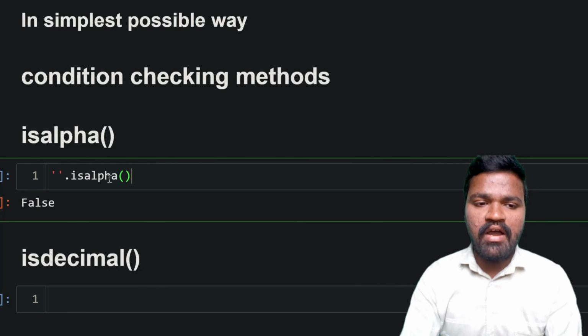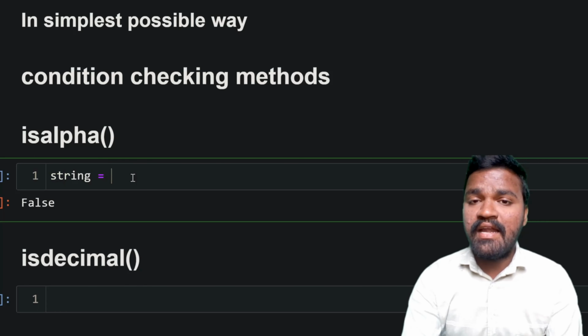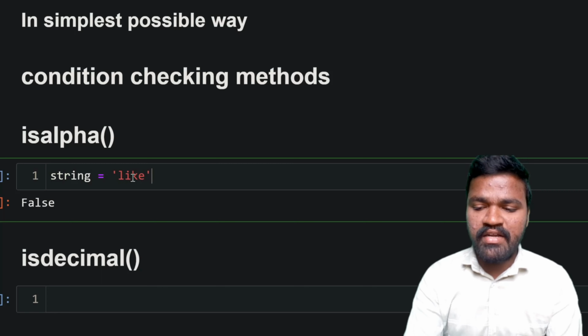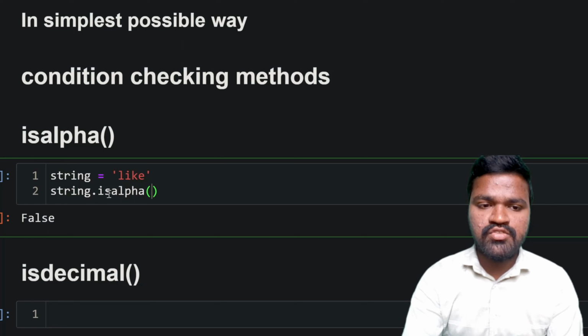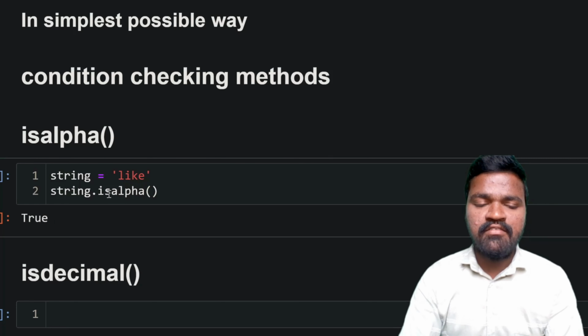Apart from this, we can take a variable and assign whatever string we want, and check the result. I am assigning this string to the variable, and I am calling the isalpha method. Now if I execute this, we can see the result which is True.